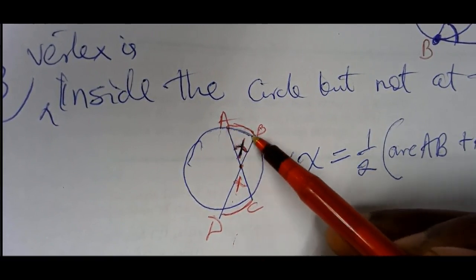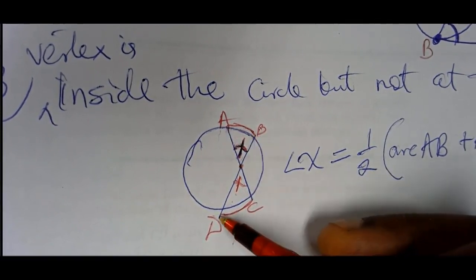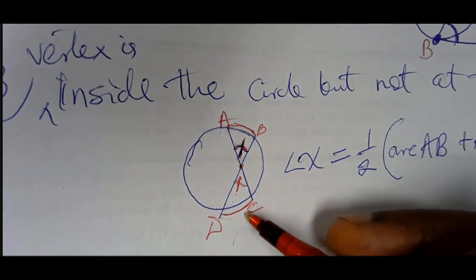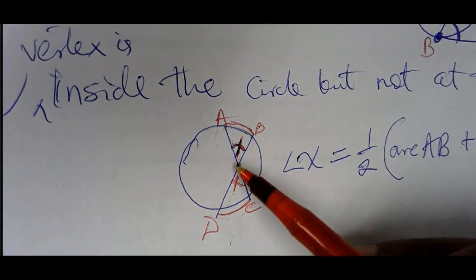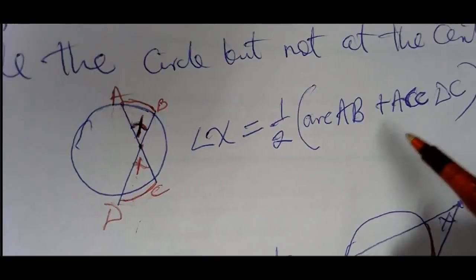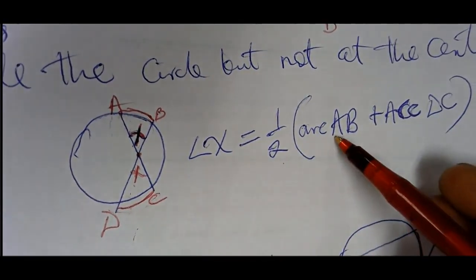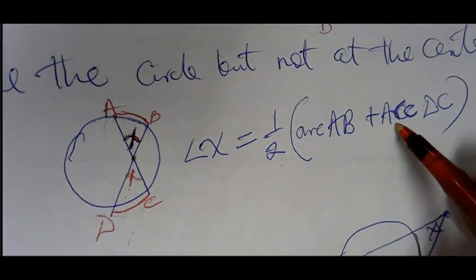So you're thinking about arc AB and arc DC, they are going to be equal as well. So because you have two arcs, you're going to add them, and then you're going to find 1/2 of arc AB plus arc AC. And that's the theorem we are going to look at.